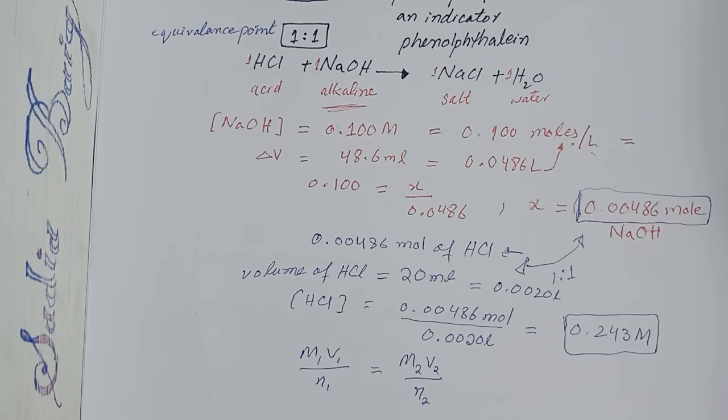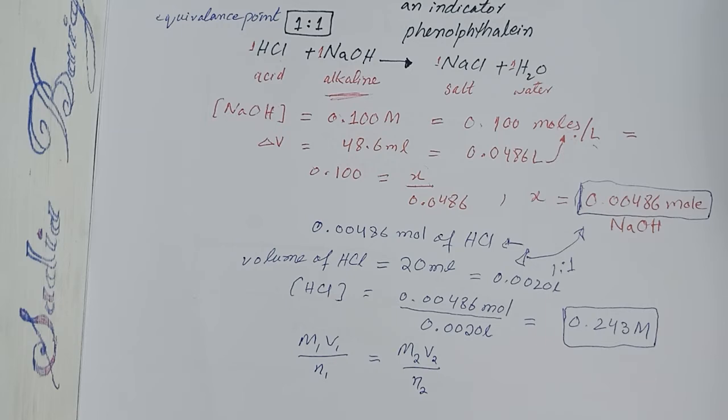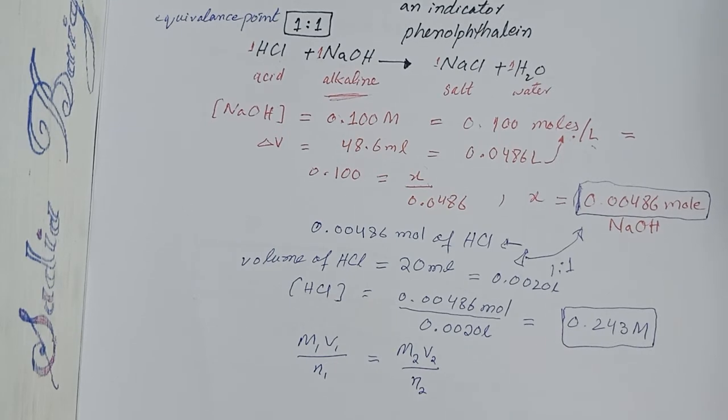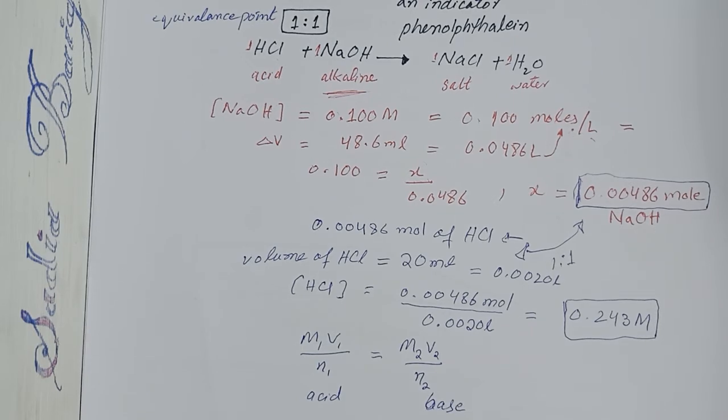So for our example, as we have used acid in the conical flask, we must use 1 for the acid, because we need to calculate the molarity of acid, and the second terms will be for the base.